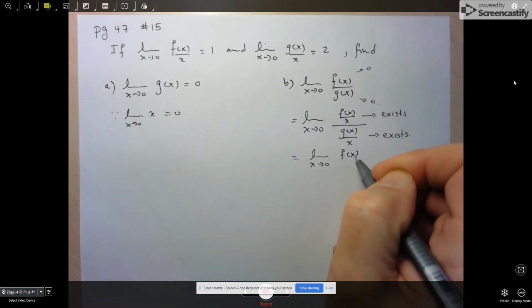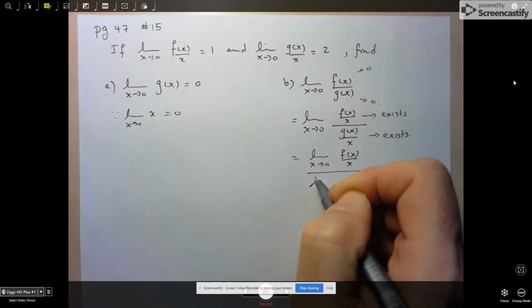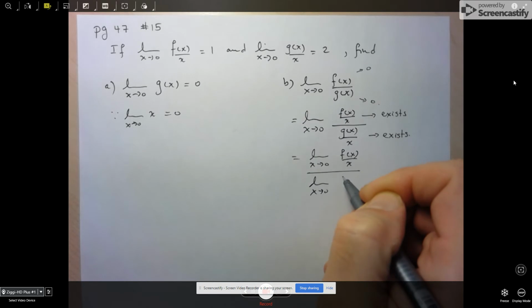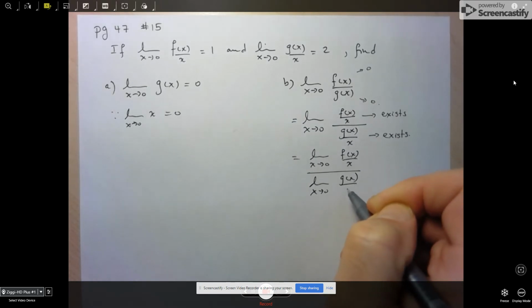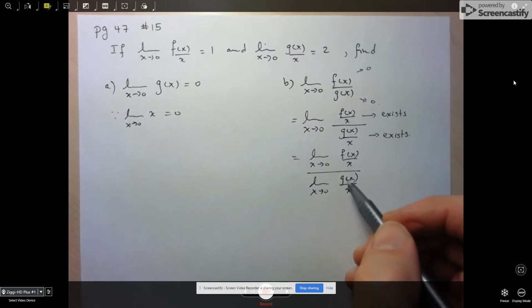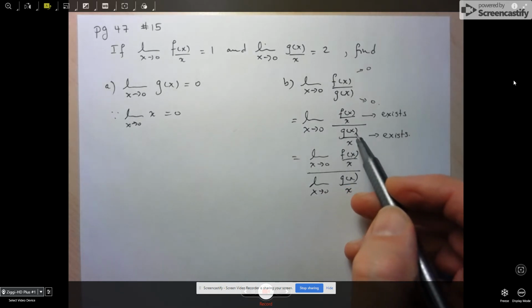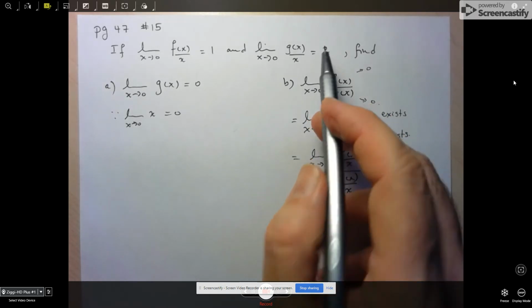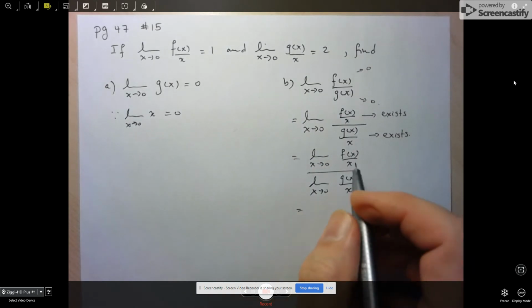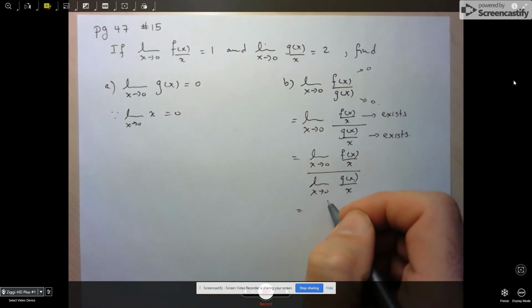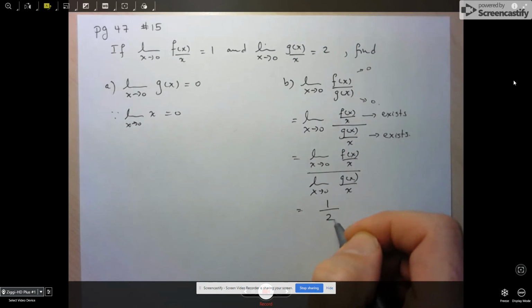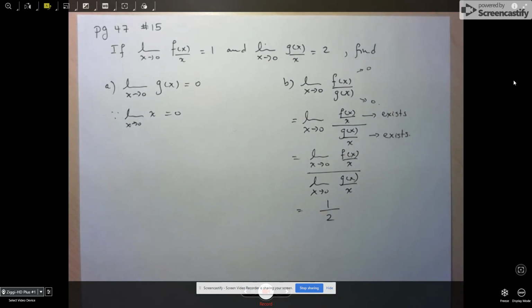The limit of f of x over x divided by the limit of g of x over x. So I'm applying the limit property for division, and I can do that because I know the limit of the denominator does not approach 0. I know it approaches 2. And so now this limit is equal to 1. This limit here is equal to 2. And there's my final answer.